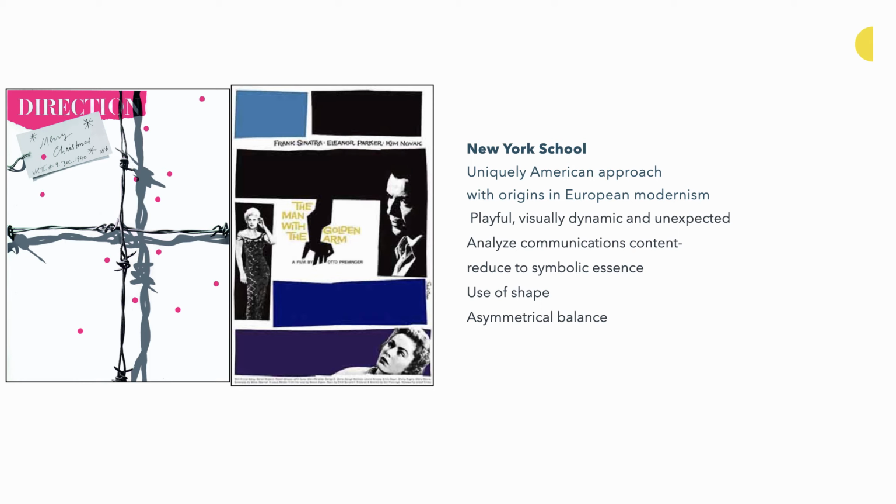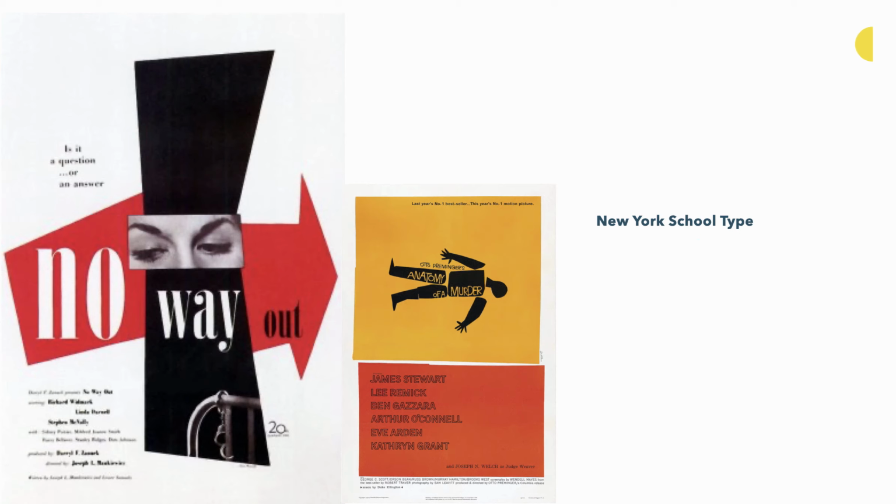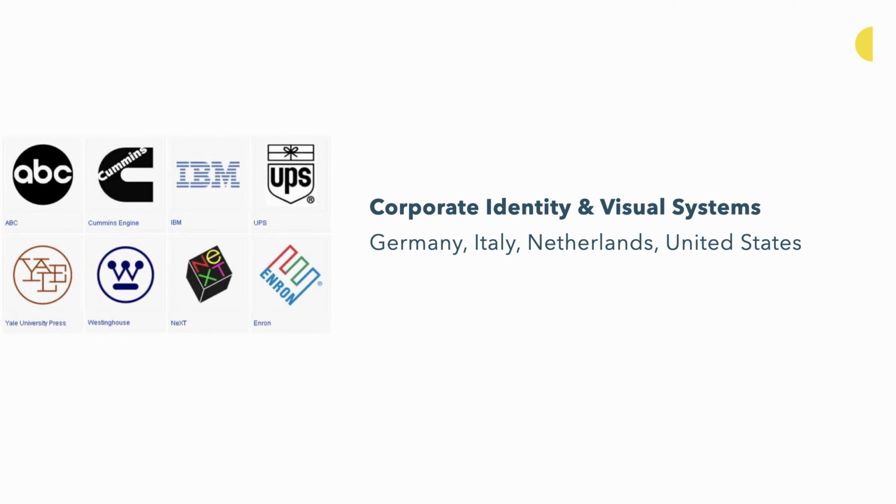What's that doing there? So that's the visually dynamic and unexpected part of the New York School. Typography can look like this. We might see a lot of film posters by Paul Rand on the left, Saul Bass on the right, and that can be a clue for us.